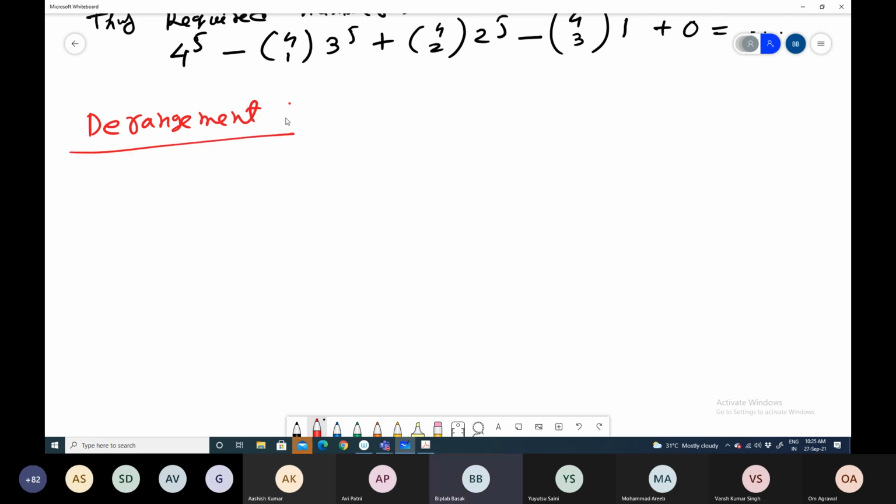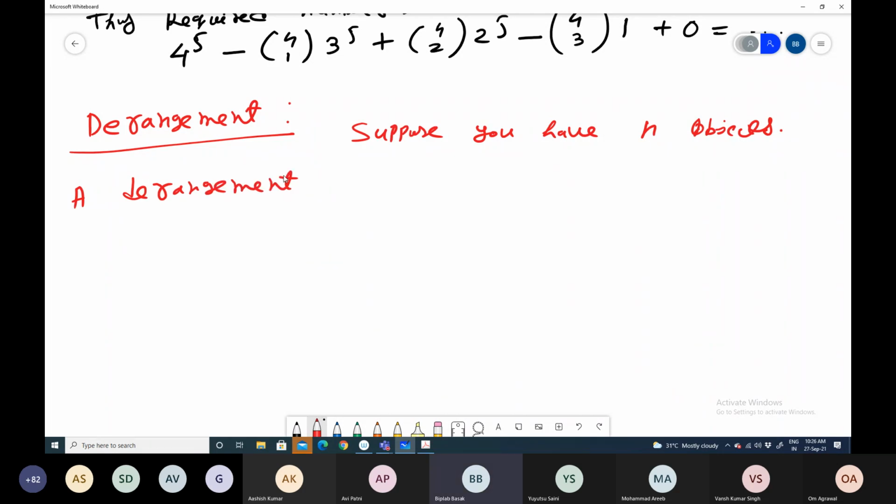That means, suppose you have n objects. Then a derangement is a permutation but with a restriction.